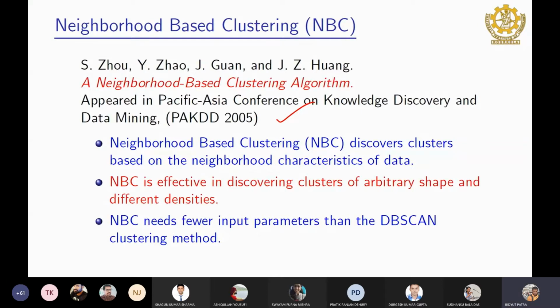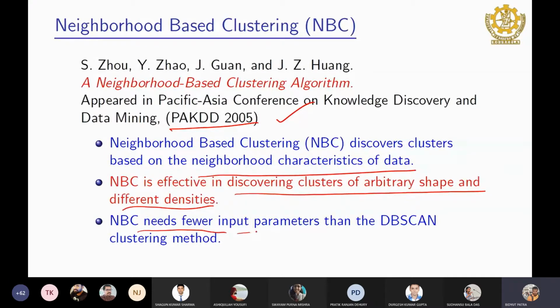This clustering approach was introduced at PAKDD, another top tier data mining conference. So this is a description. The neighborhood based clustering approach discovers clusters based on the neighborhood characteristics of the data. NBC is effective in discovering clusters of arbitrary shape and different densities.